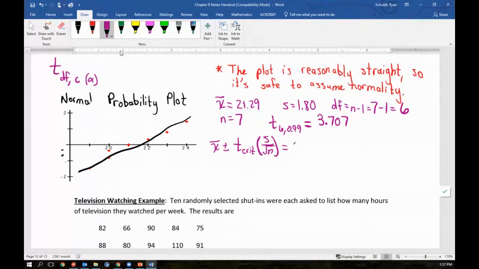So that's going to be 21.29 plus or minus 3.707 times 1.80 over root of 7.